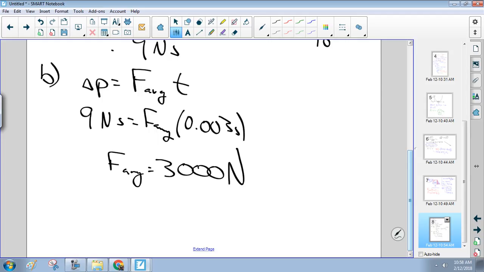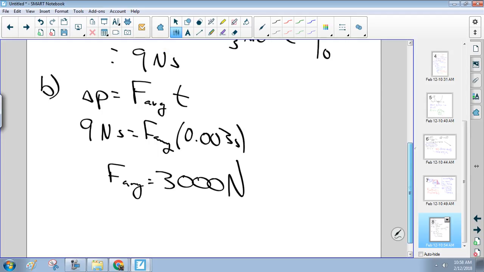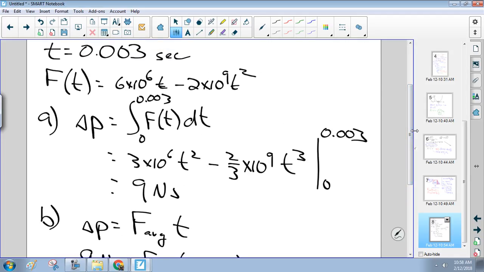C wants the maximum force on the ball from the player's foot during the period of contact. How do we find a maximum value of a function, you guys? Close. Take the derivative and set it equal to 0. Okay, can I erase my A and B?